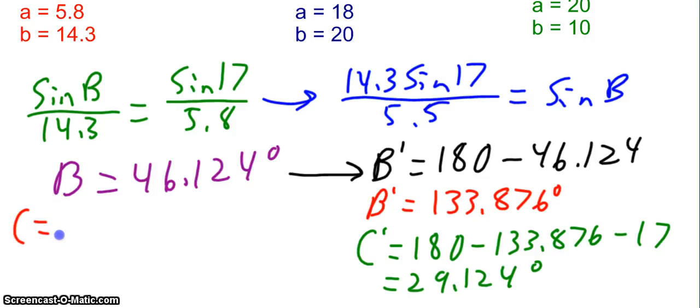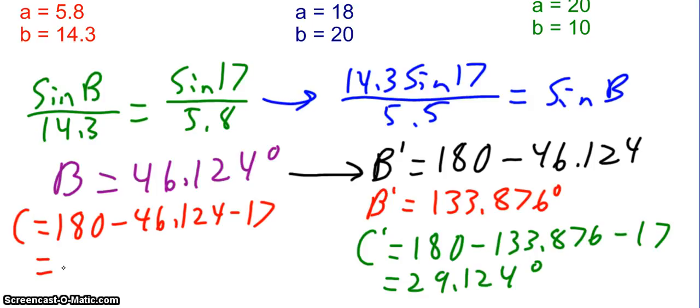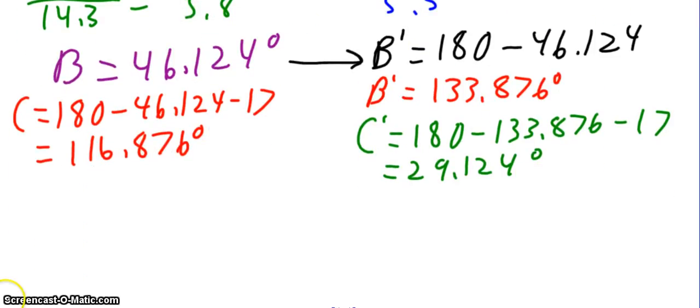So angle C over here is 180 minus 46.124 minus 17. So angle C is 116.876 degrees. And then now I just have to find side C for both of these.